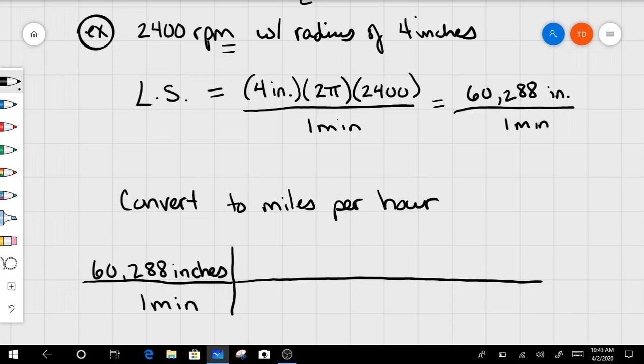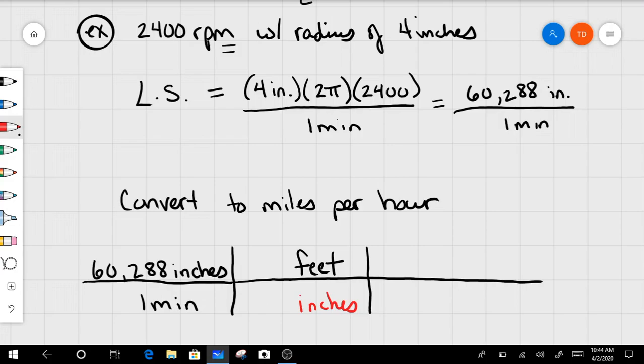I know I want to change inches, so I'm going to deal with my inches first. I need inches to go away, so I'm going to put that on the bottom so that they will cancel top to bottom. I know that inches can convert to feet. Okay, but I don't want to stick with feet.